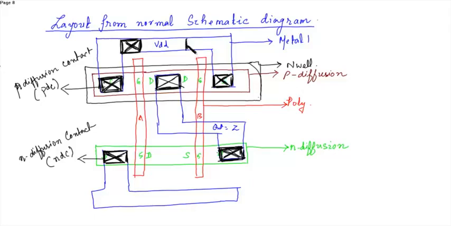You can place as many as you can. So this is the N substrate contact, or you can say this is the N well contact.